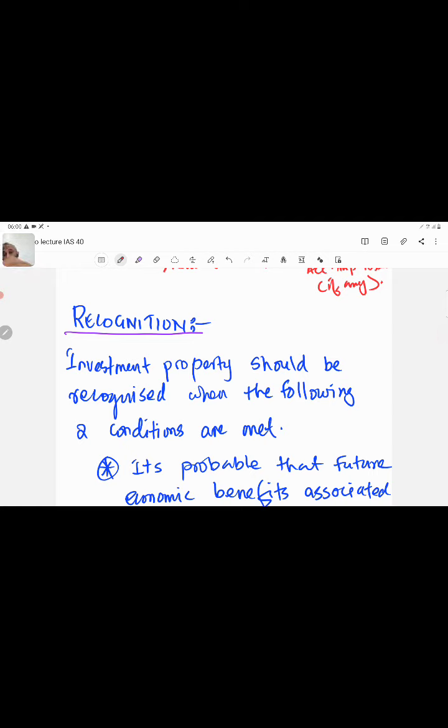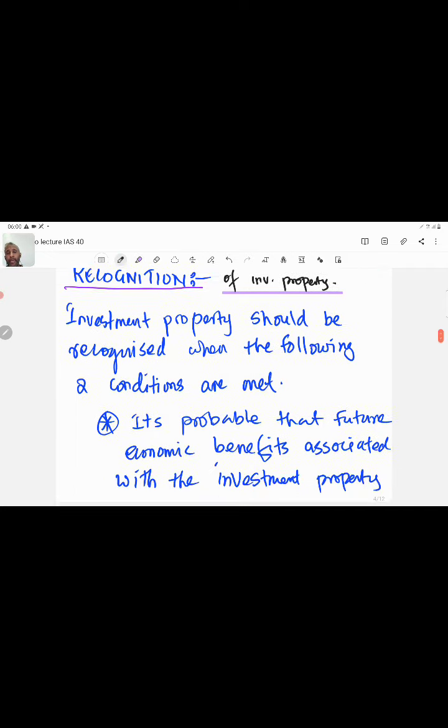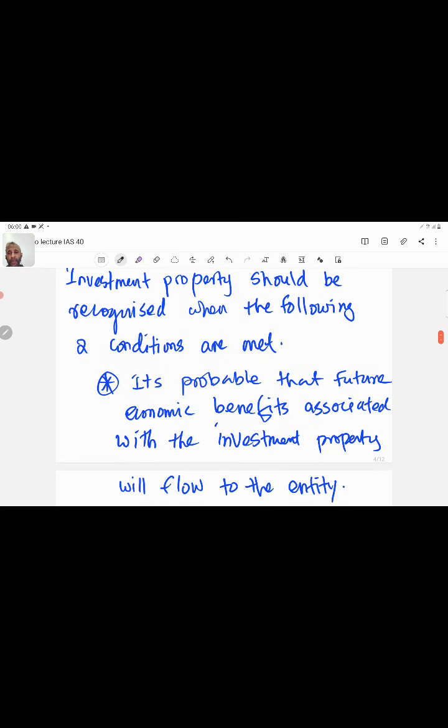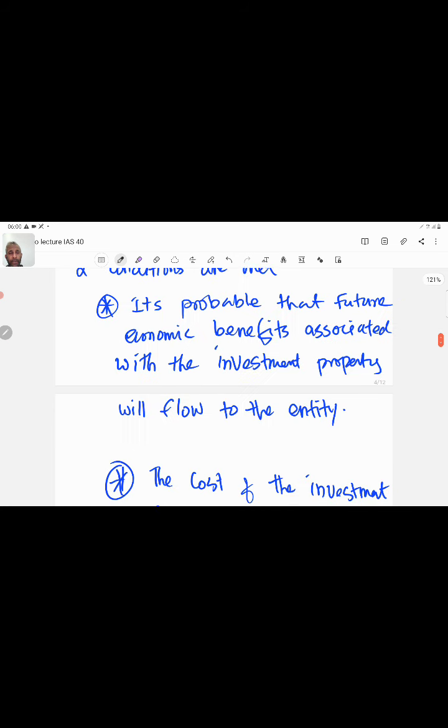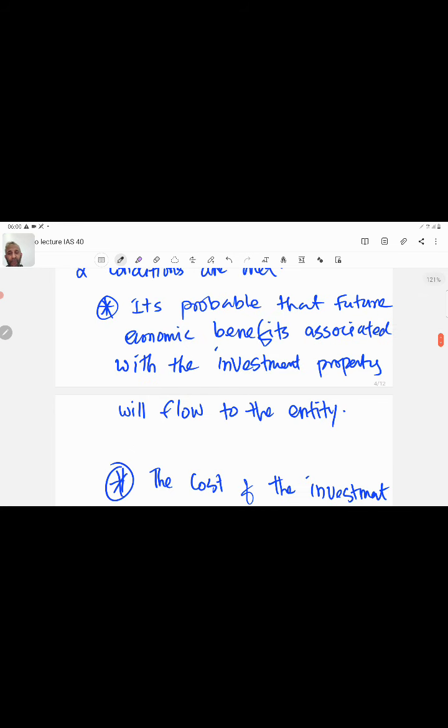Now, how do we recognize investment property? Recognition of investment property. Investment property should be recognized when the following two conditions are met. First, it is probable that future economic benefits associated with the investment property will flow to the entity.